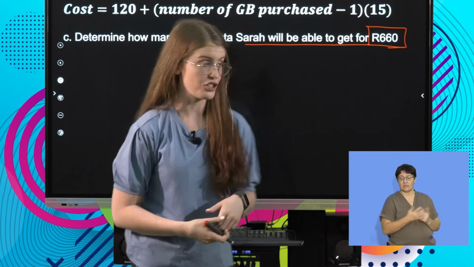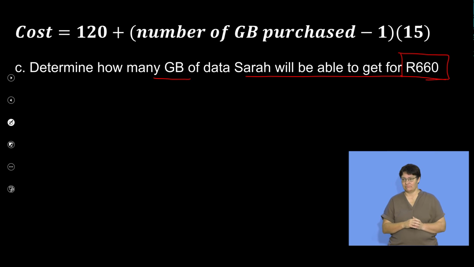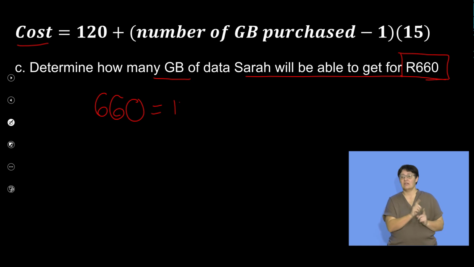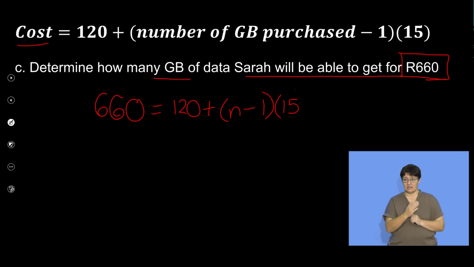Let's go back to the example. So we're going to have 660 Rand substituted in for my cost, which will be equal to 120 plus the number of gigabytes, we don't know how many gigabytes she's purchased, minus 1 times 15.